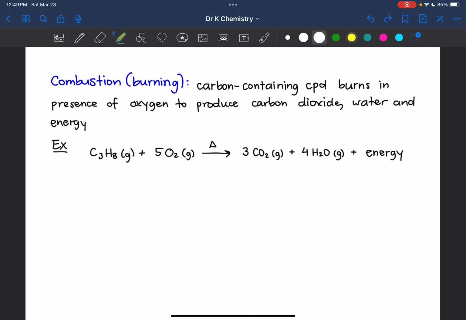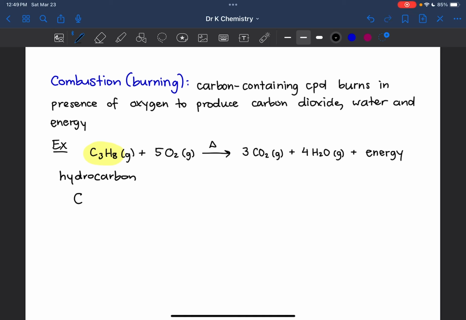So combustions will always have the same format. There will be some kind of hydrocarbon. We call this a hydrocarbon because it contains carbon and hydrogen. And the only thing that will vary in hydrocarbons is the amount of carbon and the amount of hydrogen.